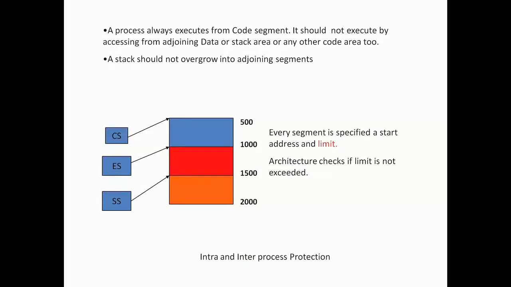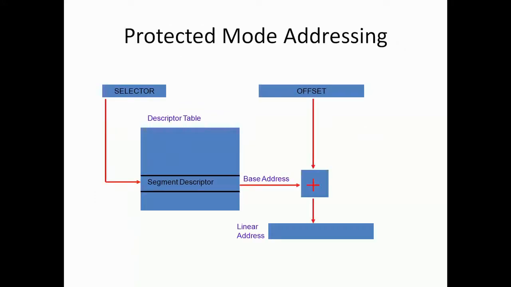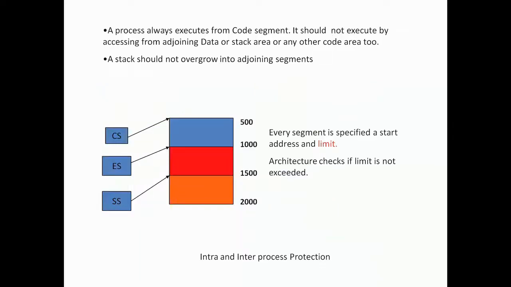In addition, why can't I store the 2000 itself in the ES, right? I do not want to store it because I want to store several things about a segment, right. There are a lot of things that I want to talk about a given segment. In addition to the base, I also want to store something called the limit, right.